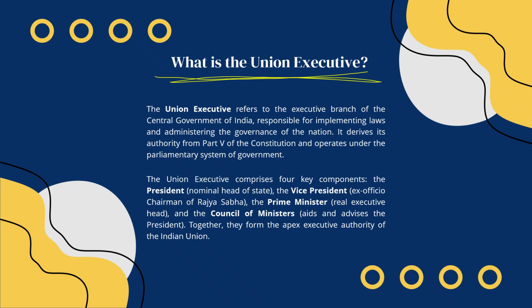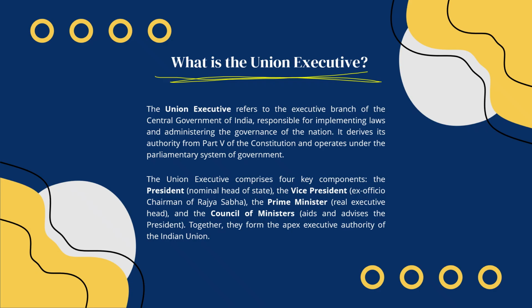The Union Executive refers to the executive branch of the central government of India, which is responsible for implementing laws, running administration, managing the day-to-day governance of the country. So, Parliament makes laws, but the executive makes sure those laws are actually implemented.